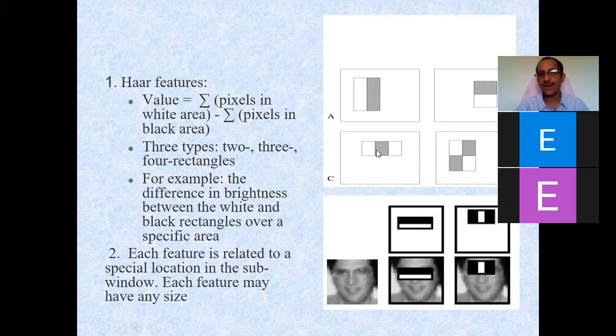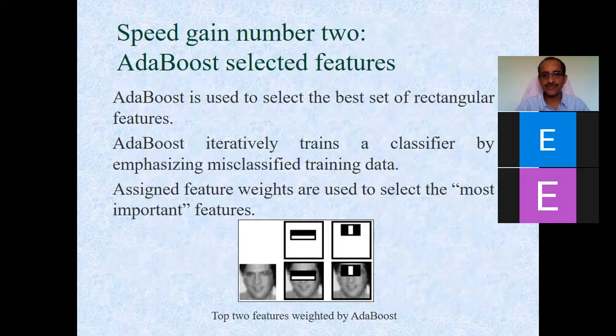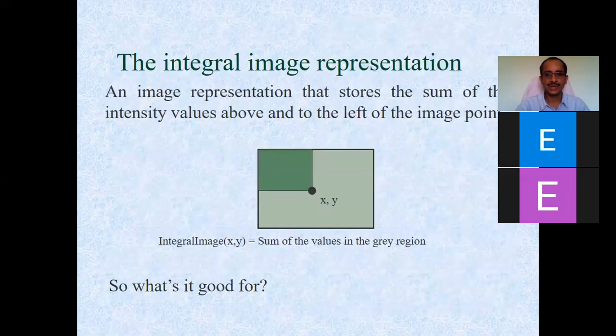Each is taken at different scales, because the face will not appear at the same scale each time. It may appear at different scales, in different images or at different distances from the camera when we capture the face. In fact, I think they have 5 types. They convolve with all 5 types and get the features, not just at one scale but at several scales.